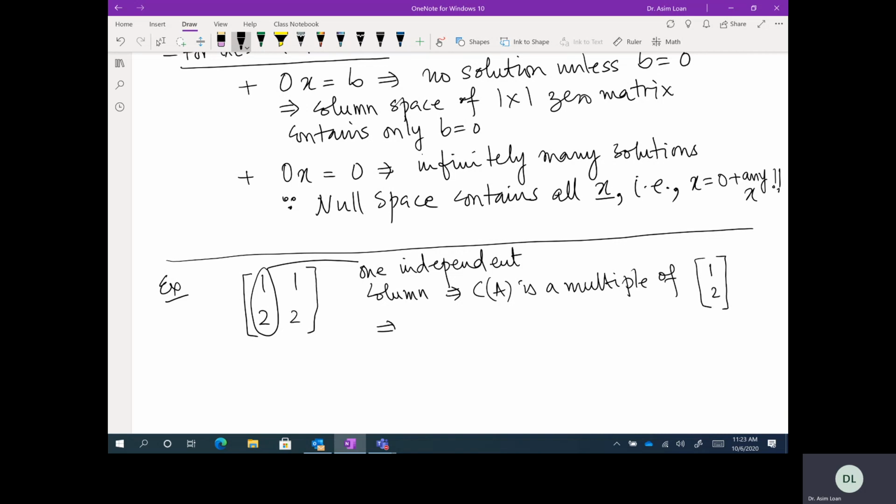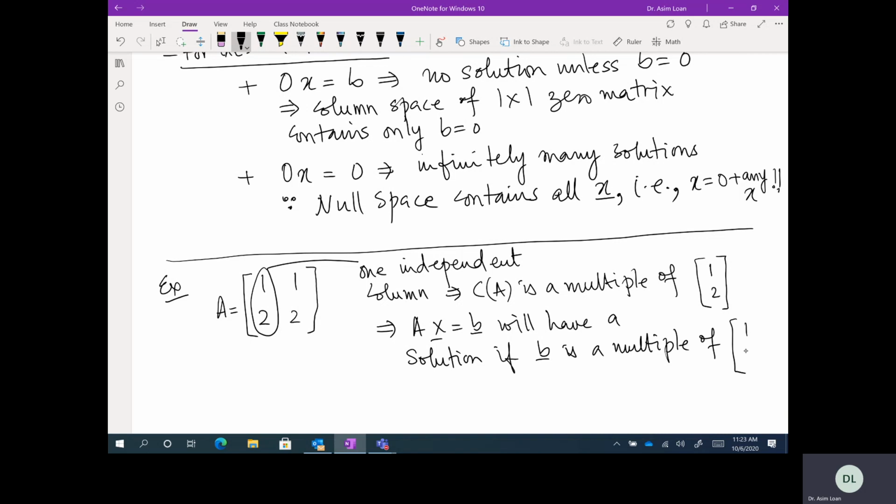This also implies Ax equals b will have a solution if b is a multiple of 1, 2, right?